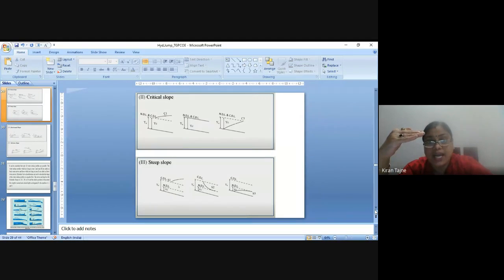So Y is greater than Yn, which is greater than Yc. Then the S2 curve is in between zone 2.